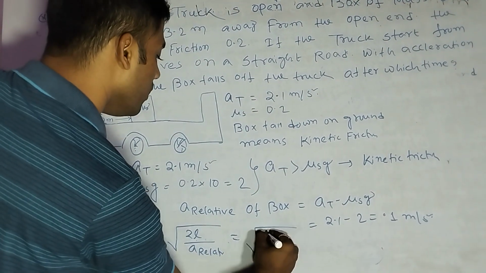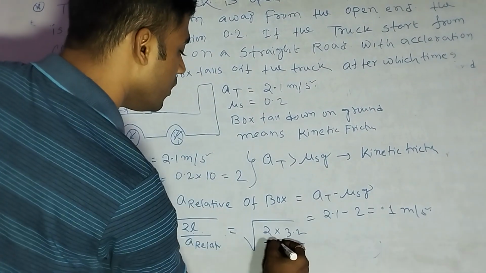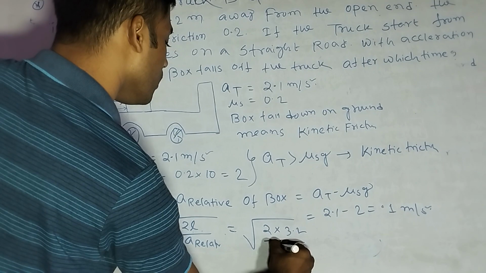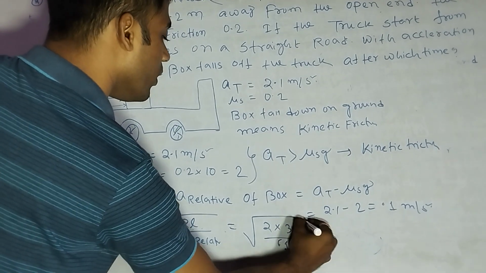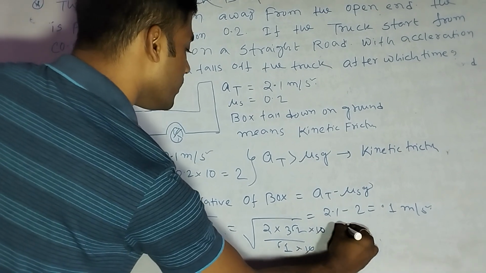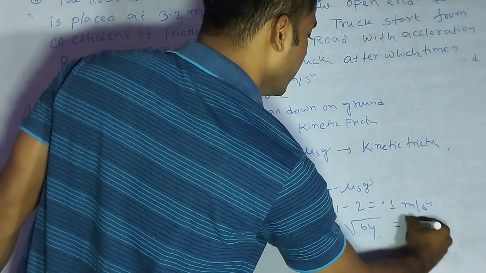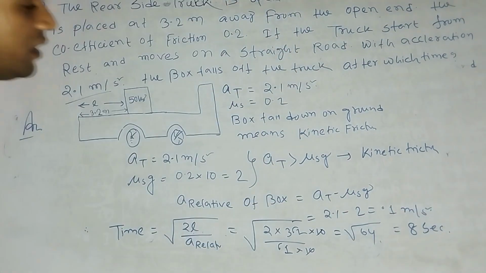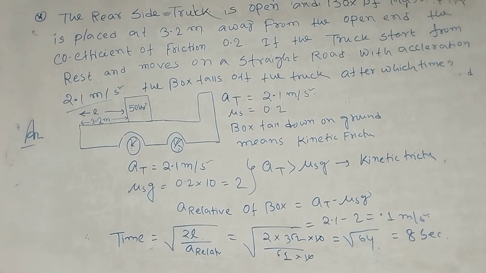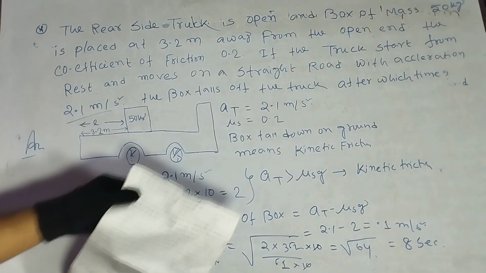So root over 2 into 3.2 divided by the A relative value, which is 0.1. Calculating 0.1 gives 10, so the 10s cancel. So 64, and time is 8 seconds. So the time needed for the box to fall on the ground from the track is 8 seconds.